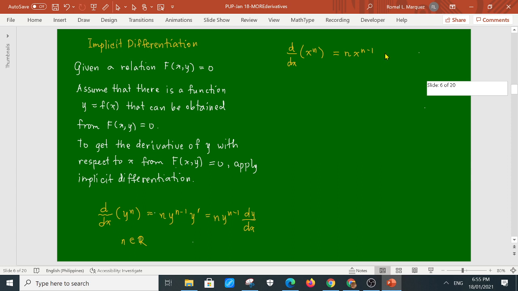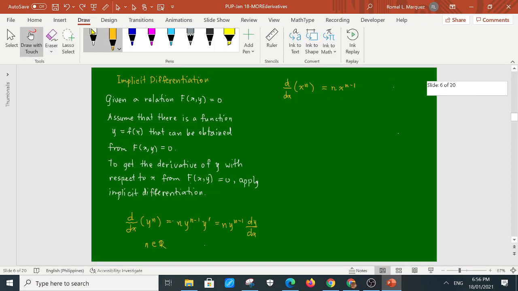No need to multiply by derivative ng x with respect to x because this is simply 1. Unlike if you are differentiating y to the n relative to x, you have to multiply every time by the derivative of y with respect to x, the n y to the n minus 1. Unlike here, no need. Okay? Let's apply.